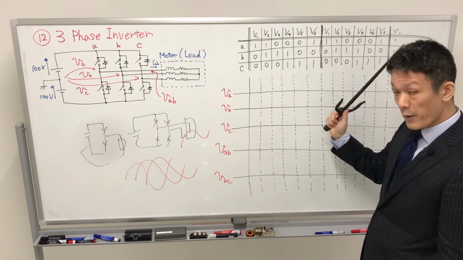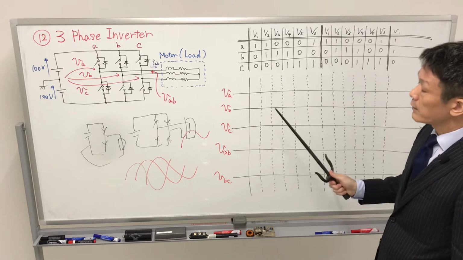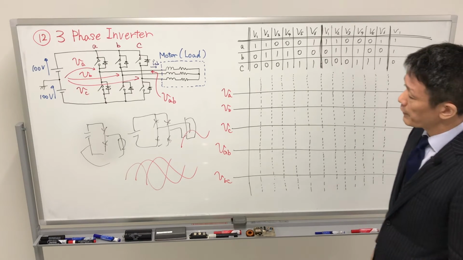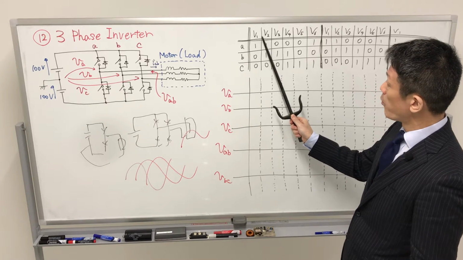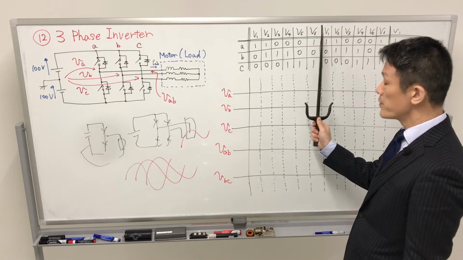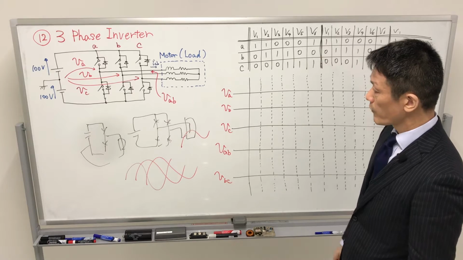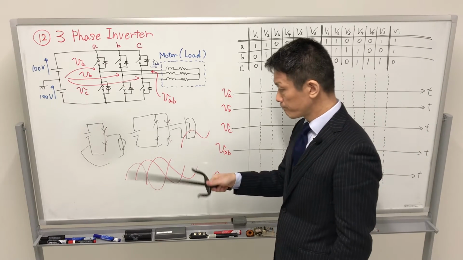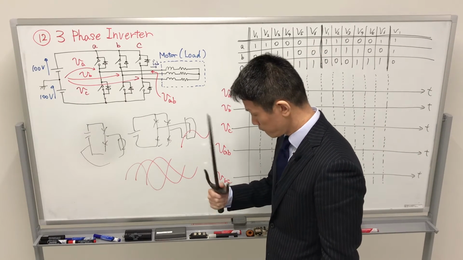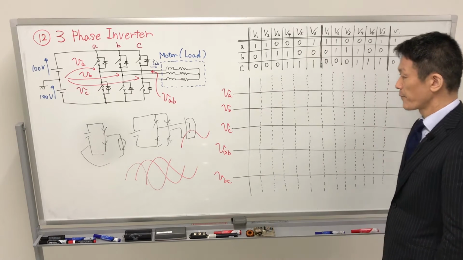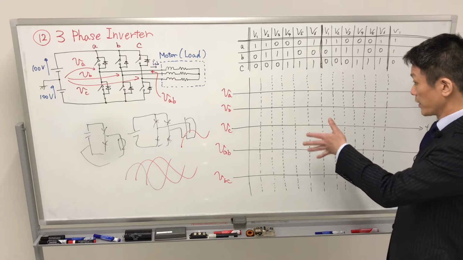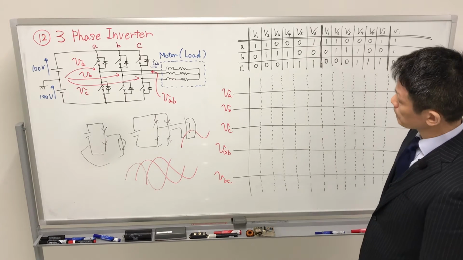This switching timing is very important because in the next lecture we will discuss why we use the voltage vectors V1 to V6, that means rotating. Later I will discuss. Let's concentrate on this discussion.